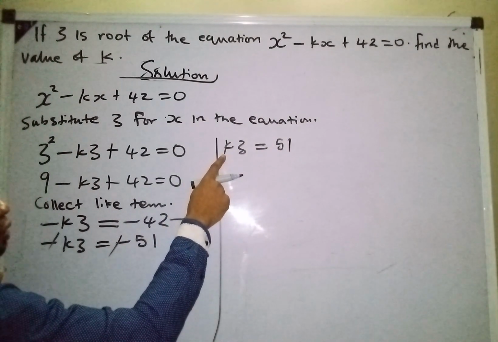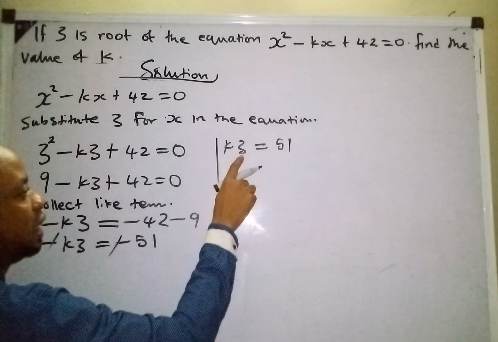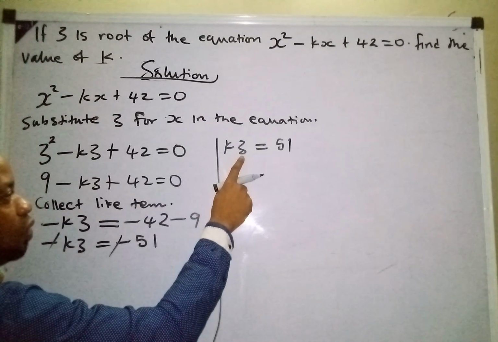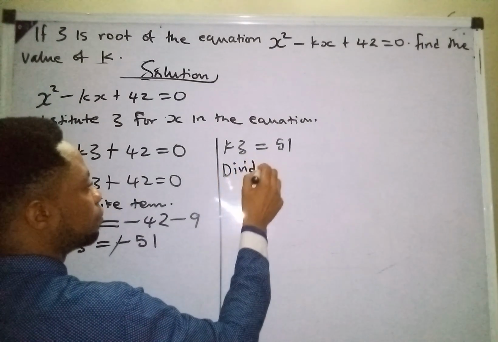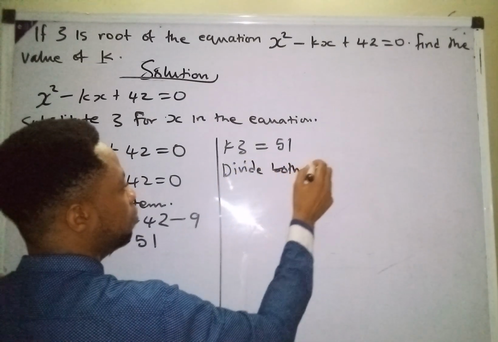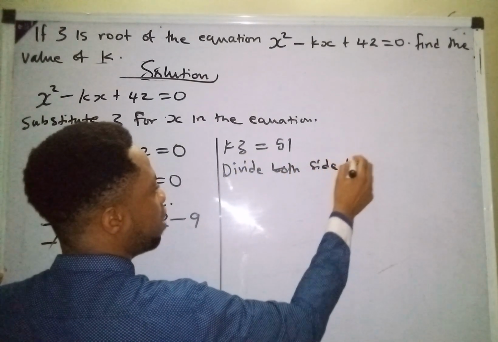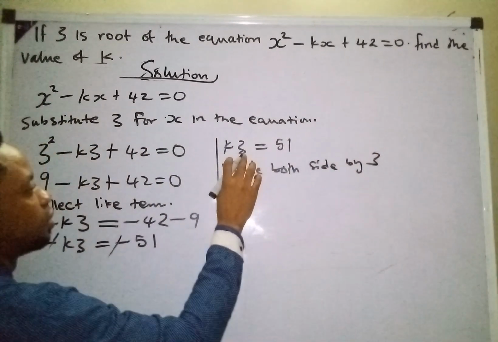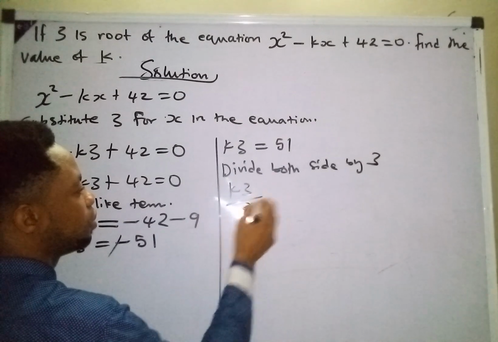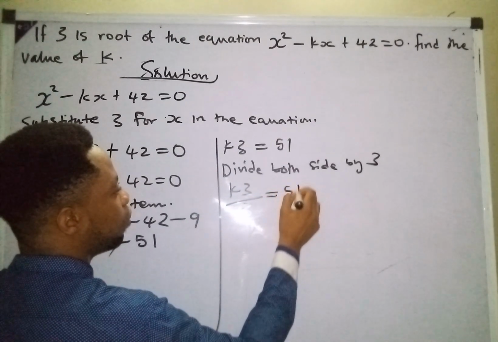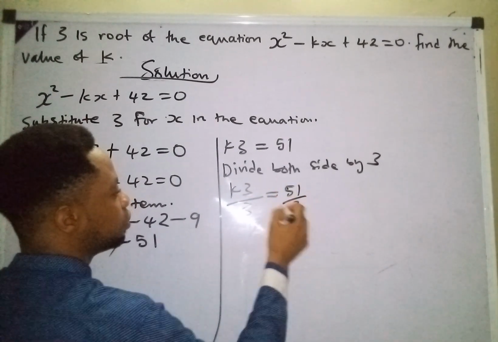To get the value of k, we are going to eliminate this 3. The only way you can eliminate this 3 is to divide both sides by 3. In doing that, I will have k3 all over 3 equals 51 all over 3.